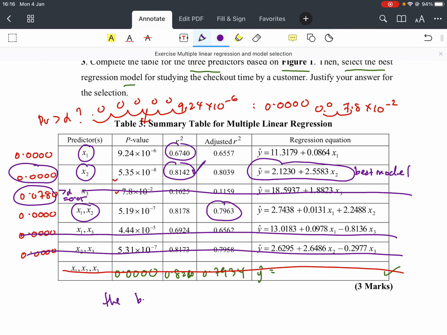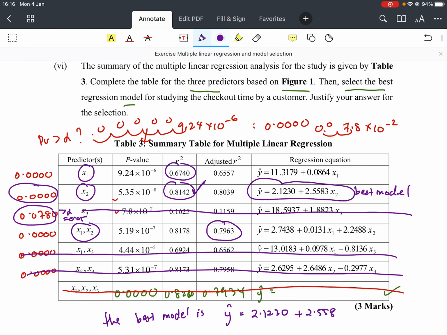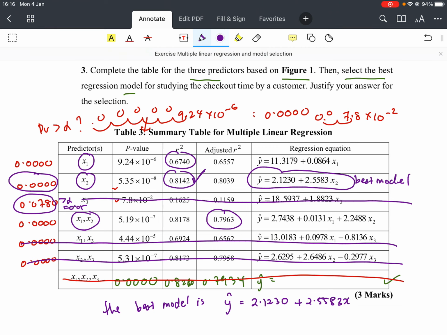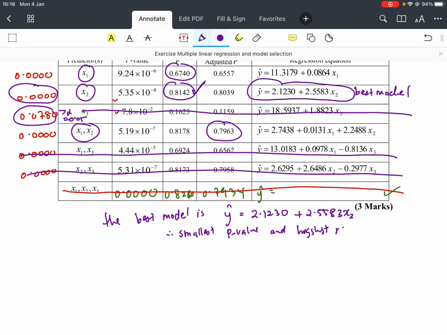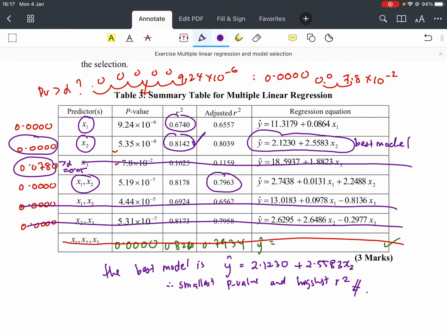The best model is y cap equals 2.1230 plus 2.5583 x2. Why? Because of the smallest p-value and the highest R square. So that's all for the multiple linear regression and the model selection.